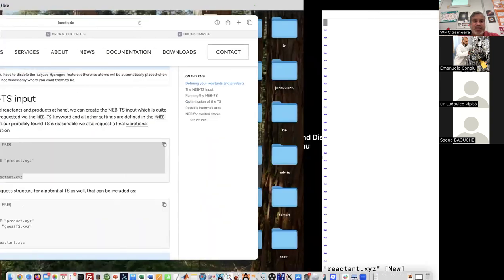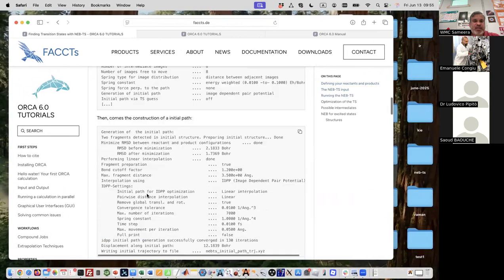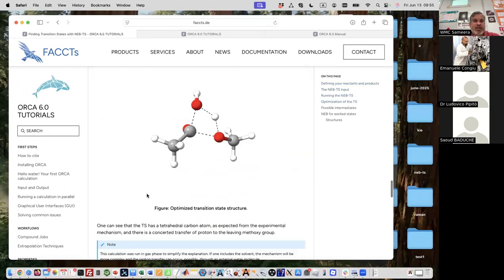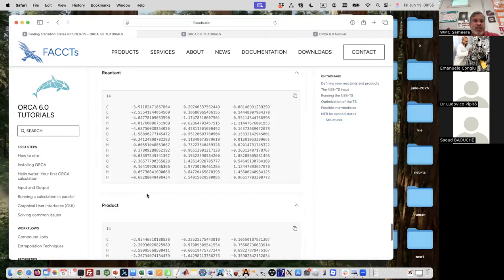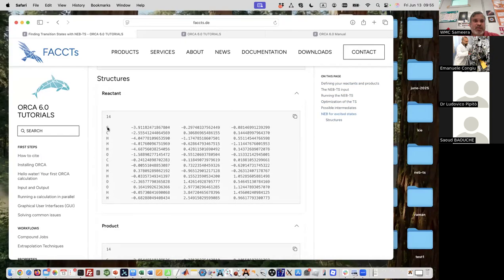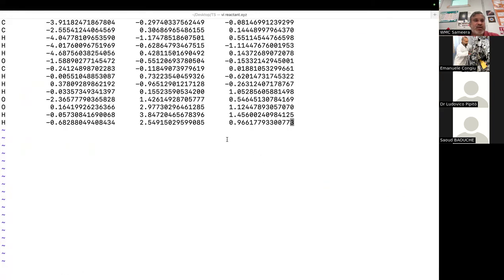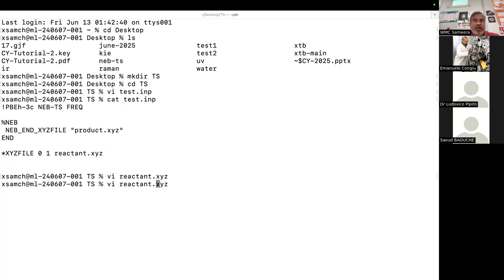We have the coordinates here, this is our reactant coordinates, so we can use that. And then the product structure.